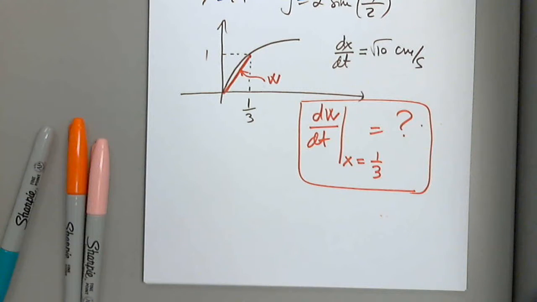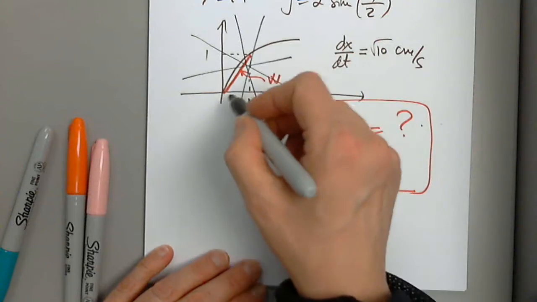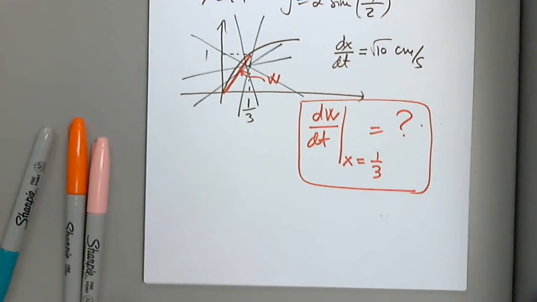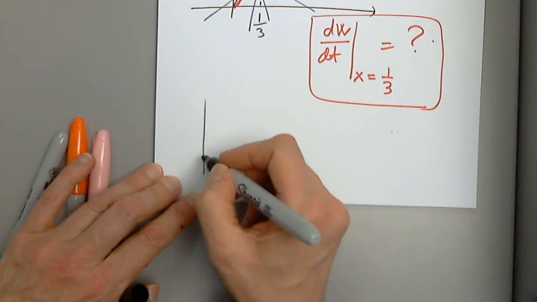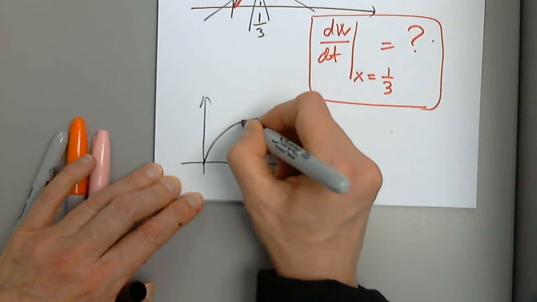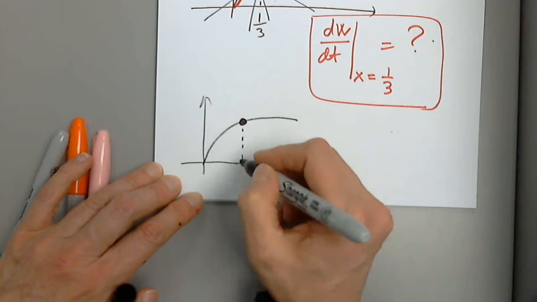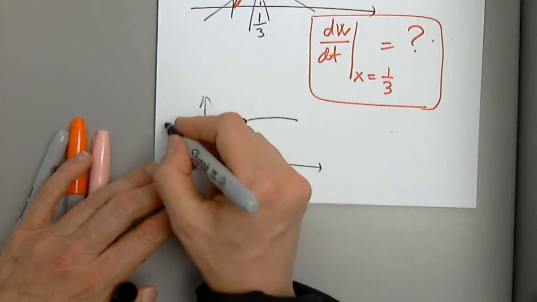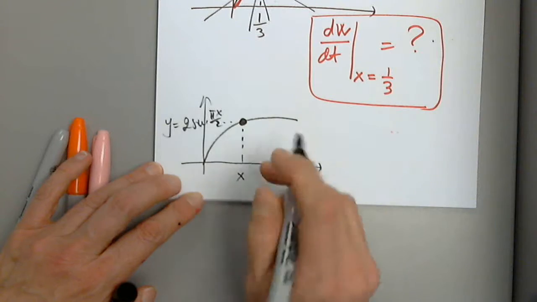You do not have to cross out anything, but I have to make a point. This is not what I'm trying to do at the beginning. What I'm trying to do at the beginning is picture the graph. Picture any point x, y, of course, y equals 2 sine pi x over 2.